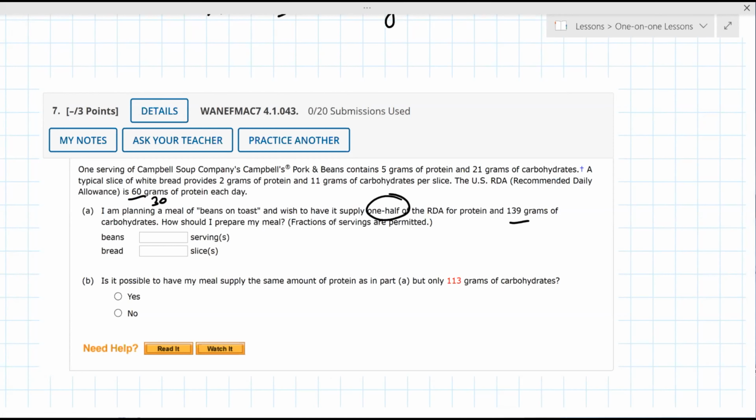So see if you can set up those equations on your own, and I'll check them for you here shortly. So it's going to be 30 instead of 60, because it says 1/2 of the RDA for protein.